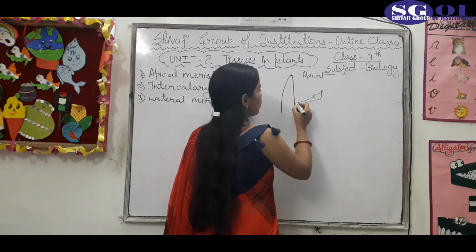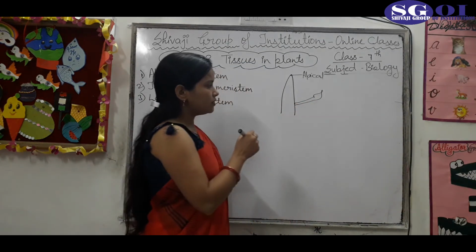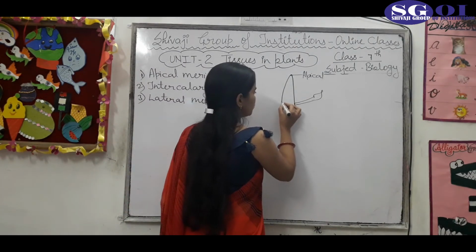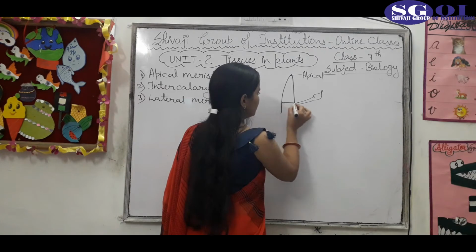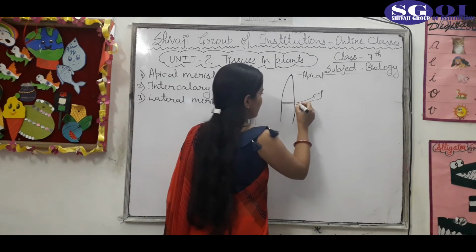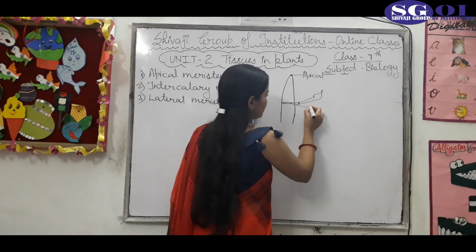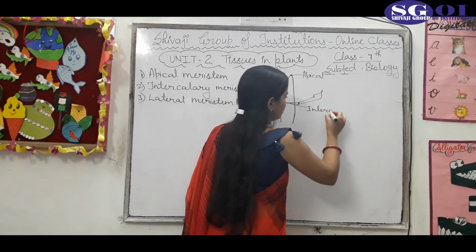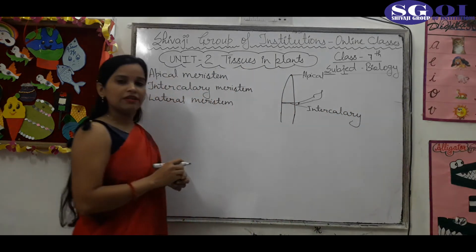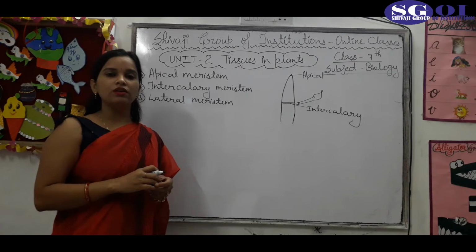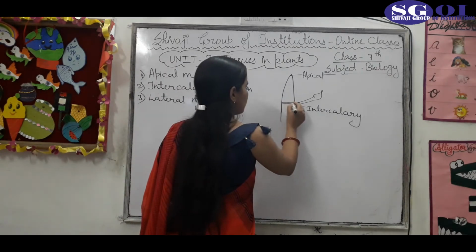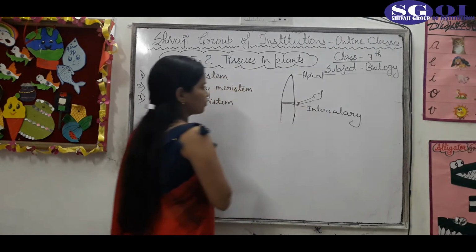So this is the node of a stem. And the intercalary meristem is found at the base of the node, here at this place. This intercalary meristem is responsible for the longitudinal growth of a plant.